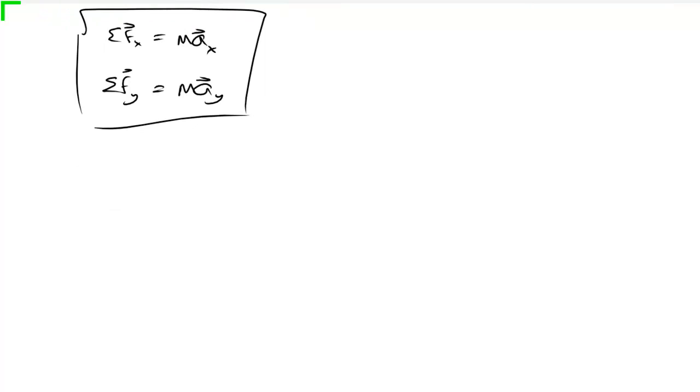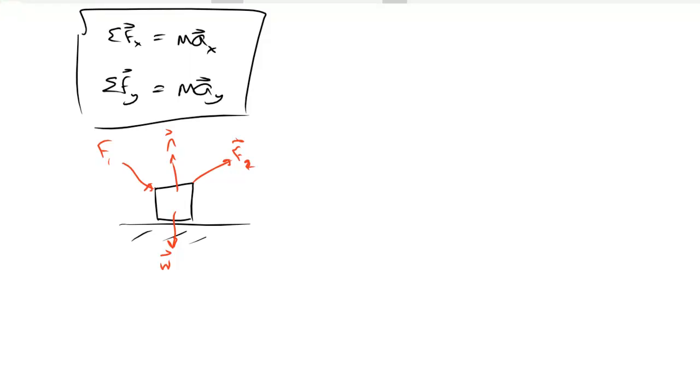So the way that we'll apply this to problems involving Newton's second law, let's say we have a box on a table and we have a weight which acts downwards, and a normal force which acts upwards, and then we have some other force down like this, I'll call this force 1, and another force up like this, force 2.